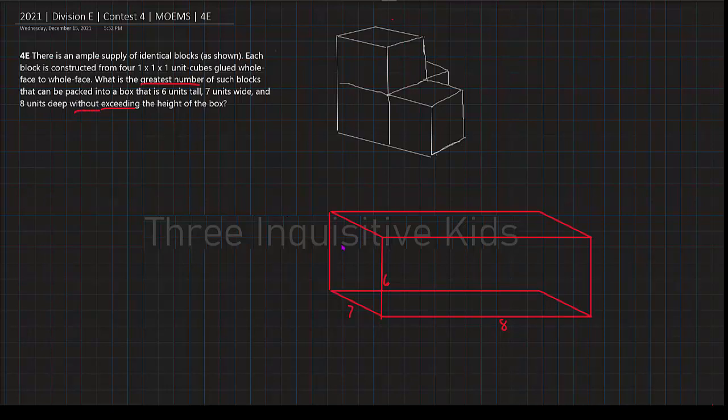So let's first think about what are the dimensions of this shape. We know that each of these are 1 by 1 unit cubes, which means that the height is 2, the width is 2, and this side would also be 2.